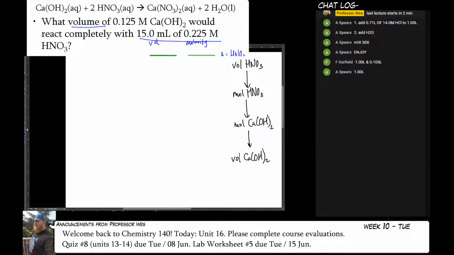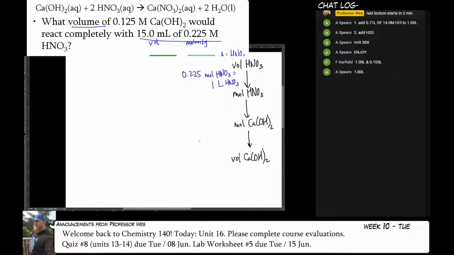And let's write in all our relationships here. So I know that some number of moles of nitric acid will give me a volume of nitric acid. And that relationship is, it's 0.225 molar nitric acid, so there must be 0.225 moles per liter.